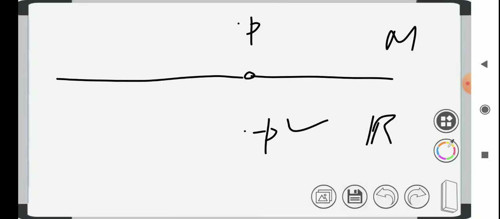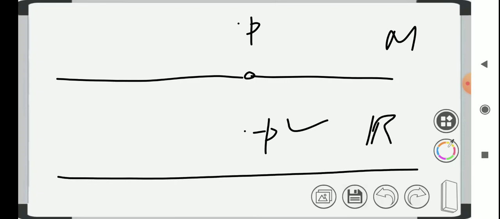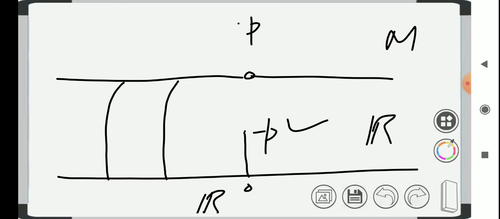You will map from this, our R, this point to this point, and minus P to the origin 0, and you will simply delete this point, and then that set is clearly also homeomorphic to R as well.